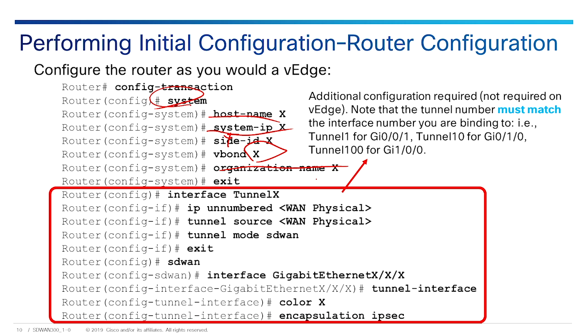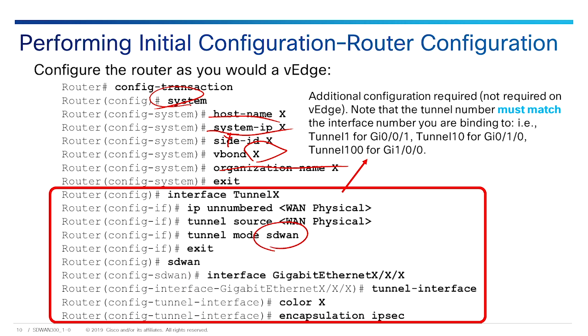Then we exit and create a tunnel interface, and we make it IP unnumbered to the physical interface that we're going to use. The tunnel interface number binds to the physical interface: tunnel 1 for gig 0/0/1, tunnel 10 for gig 0/0/10, tunnel 100 for gig 0/0/100. These have to match. Then the tunnel mode is sdwan.